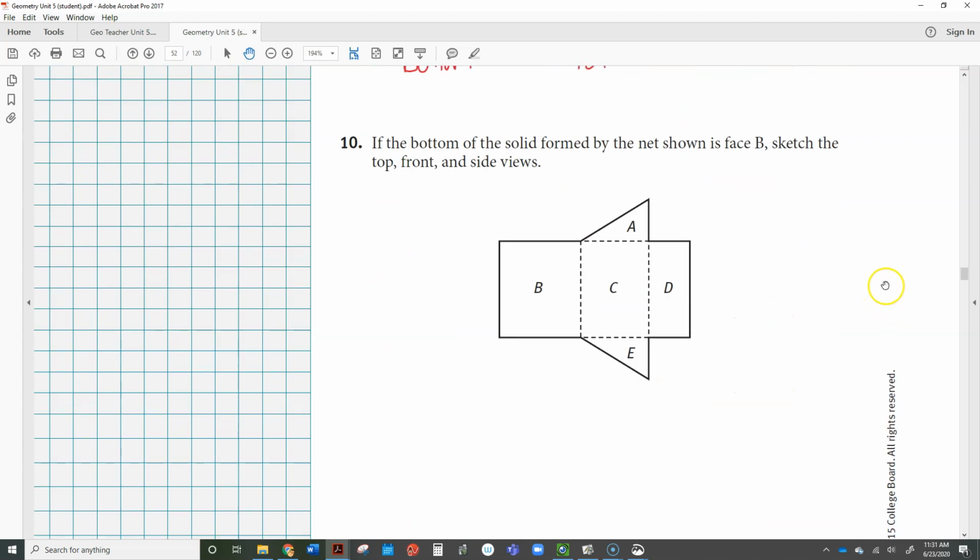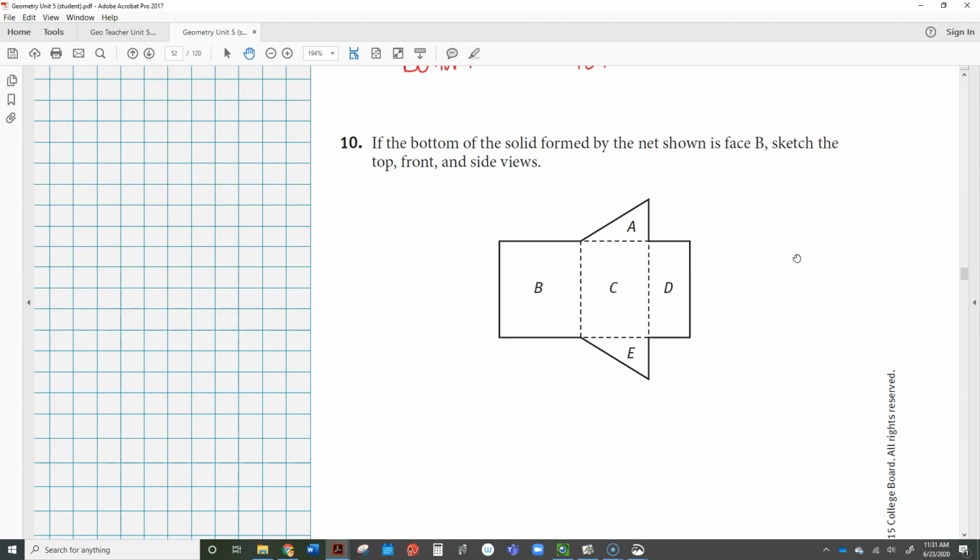Okay, it says if the bottom of the solid formed by this net, if the bottom is face B, sketch the top, front, and side views.